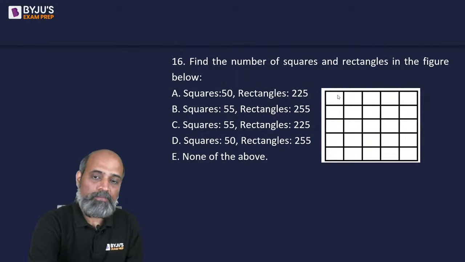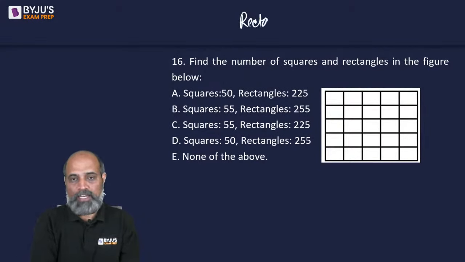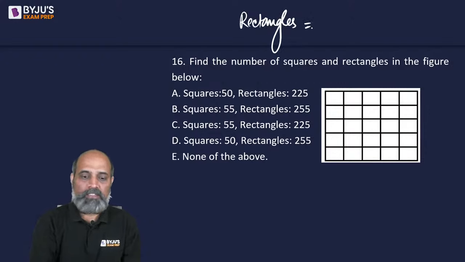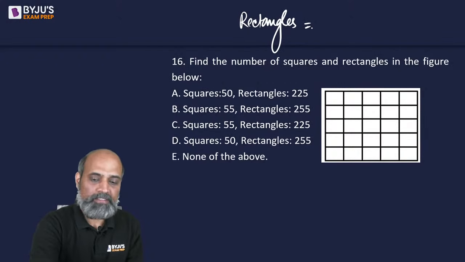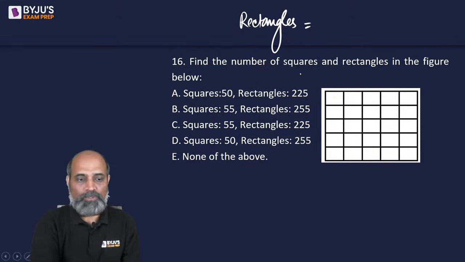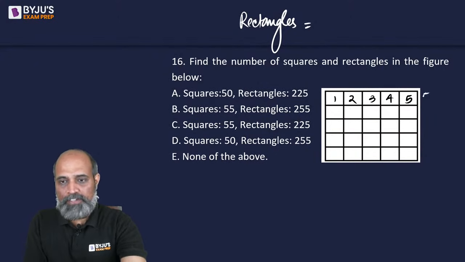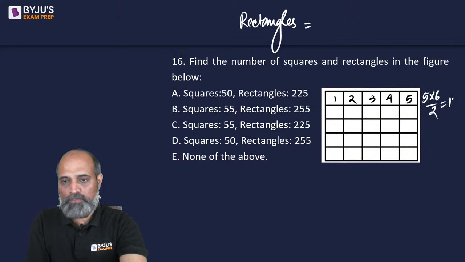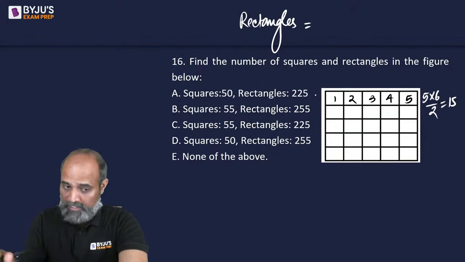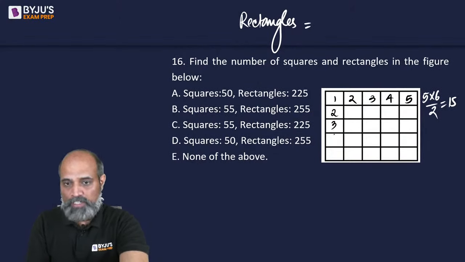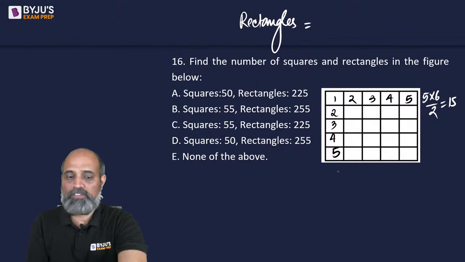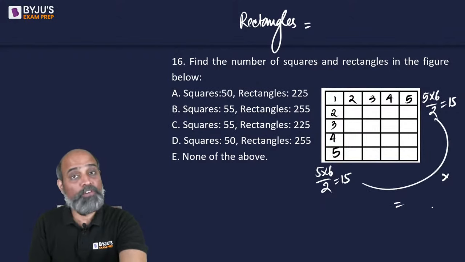Rectangles का, if you remember, we have already discussed how to calculate the number of rectangles here. The number of rectangles can be calculated as you write down 1, 2, 3, 4, 5, and then you do 5 into 6 divided by 2, which is 15 horizontally, and then you do the same calculation vertically, so you end up at 5 again, so that will again result in 5 into 6 by 2, so 15, and eventually you multiply these two to get the total number of rectangles.